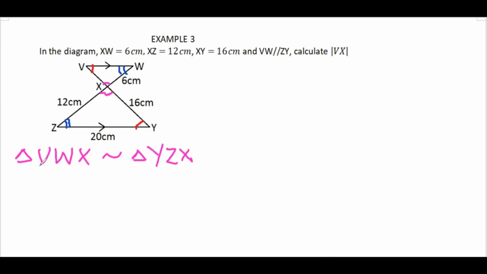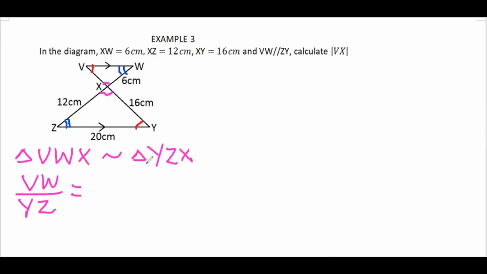From there, you can now choose the ratio of their corresponding sides. If I choose VW here, that's the first two letters in the smaller triangle, you take it as a ratio of YZ, the first two letters in the bigger one. Since I first choose from the smaller, I will always first choose from the smaller in my ratio. But suppose from this one I first choose, it will always be from this, before this.